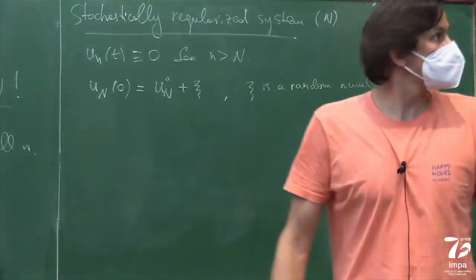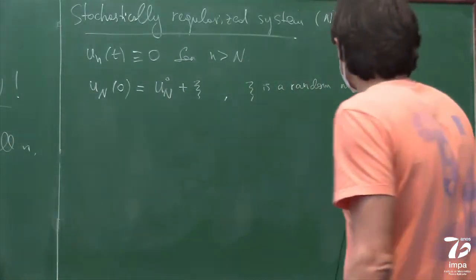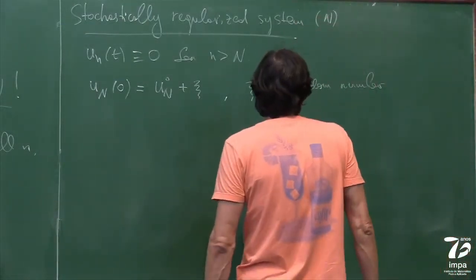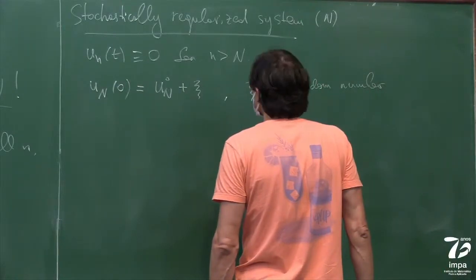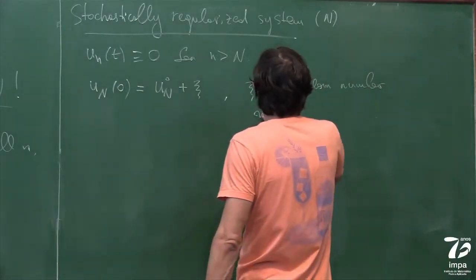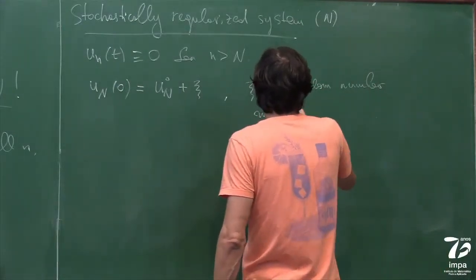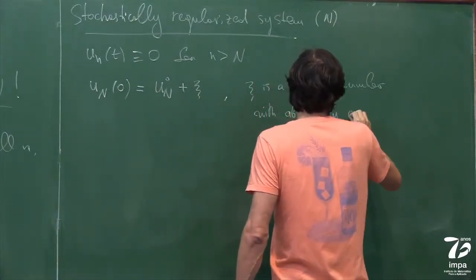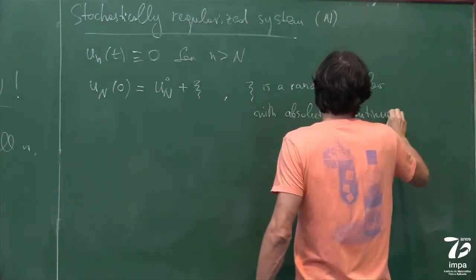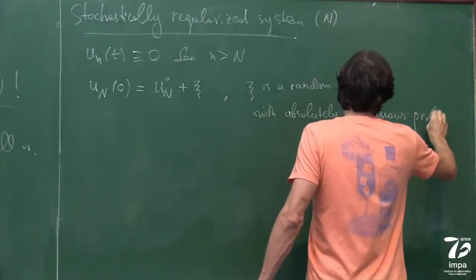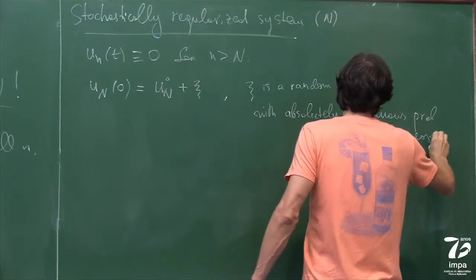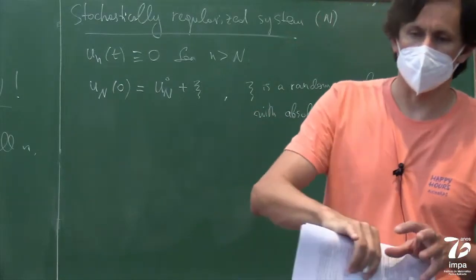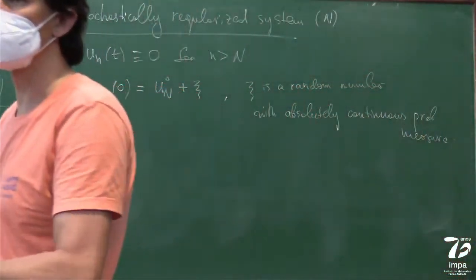So what is important is that it's a random number with an absolutely continuous probability measure. It just means that it's a random number, but it's somewhat distributed.